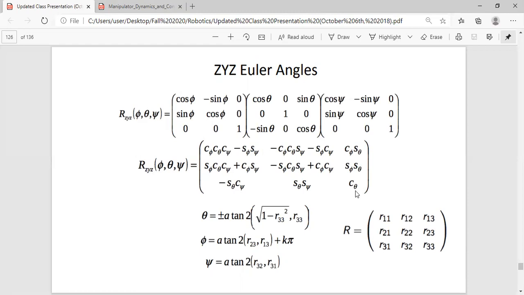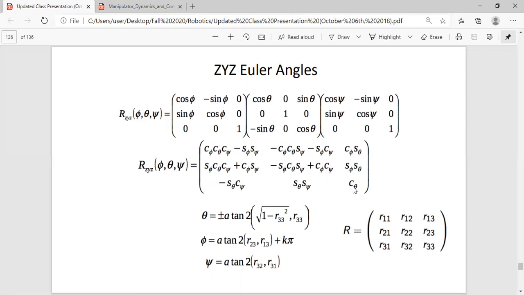What you will do is start with the cosine theta. As a result of this operation, you will always have a cosine theta in one of the entries. Sometimes it's here, sometimes it is here. In this example, we're doing the ZYZ Euler angles. So this is my cosine theta, and I'm going to compare it with R33.